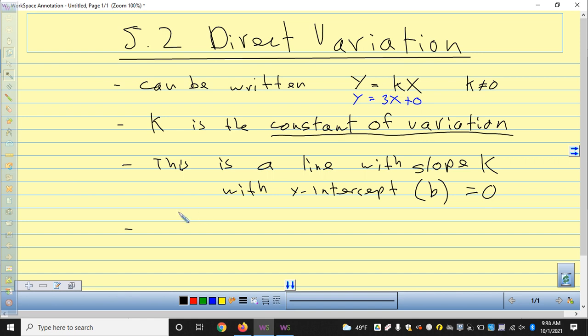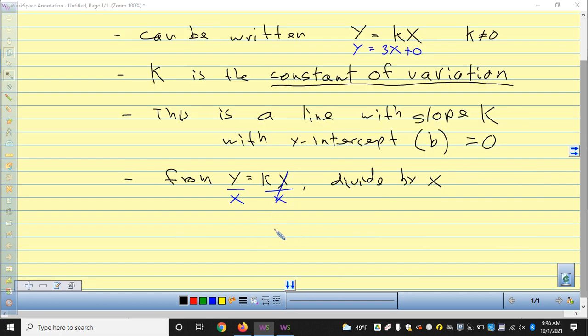If we divide from y equals kx, if we divide both sides by x, these cancel out, and I get that k equals y over x.